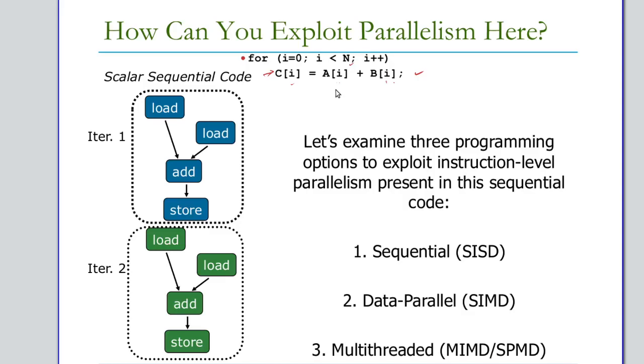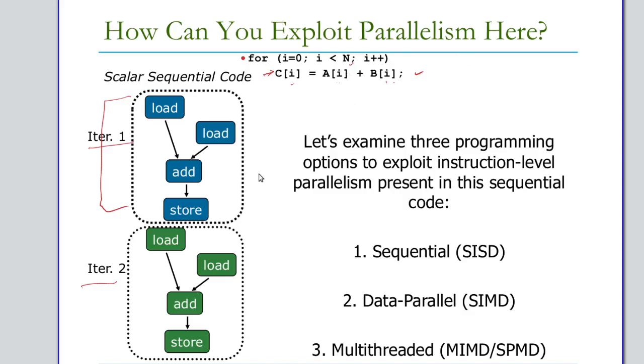So in this case, can we use SIMD architecture? We can understand that in these loops the iterations are independent. There is no dependency between iterations, meaning the output of one iteration is not used in the next iteration.